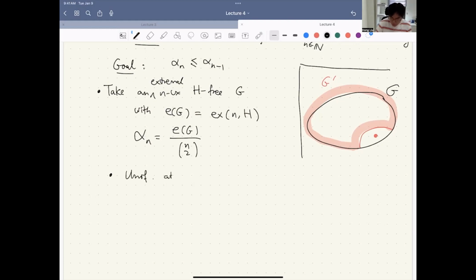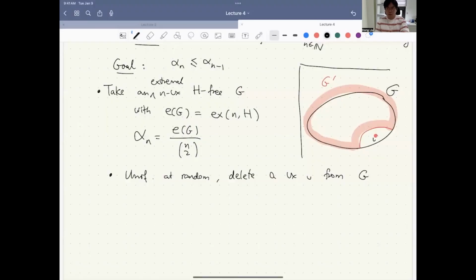Uniformly at random means every vertex is chosen with probability 1 over n, the same probability. Delete vertex V from G.